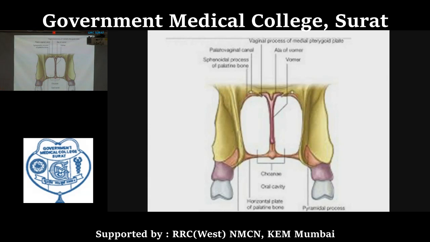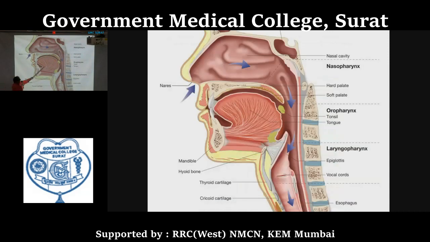Now, posteriorly, or rather postero-inferiorly, there is one isthmus, or one more communication, between the nasal part of the pharynx and the oral part of the pharynx. That is quite visible.